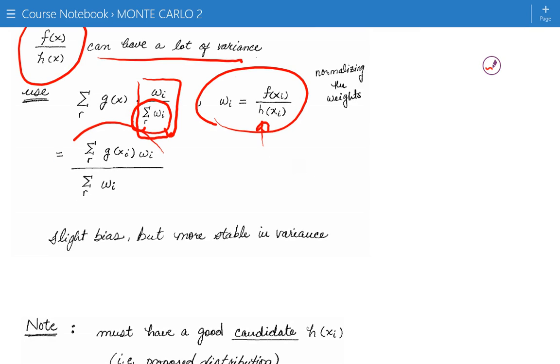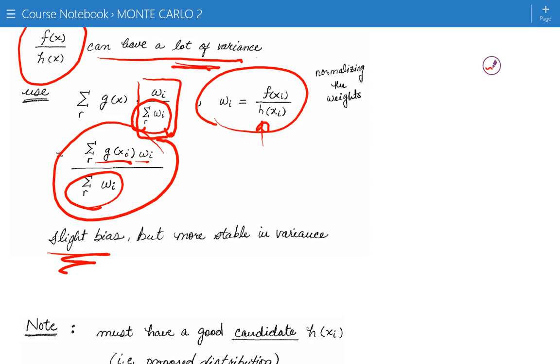And now you sum the random draws of your function with respect to that ratio normalized by this sum. This is much more stable in terms of the variance. It is, however, slightly biased. So it's a bit of a trade-off there.